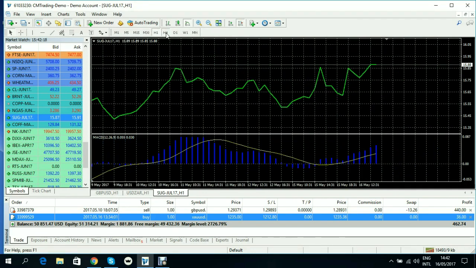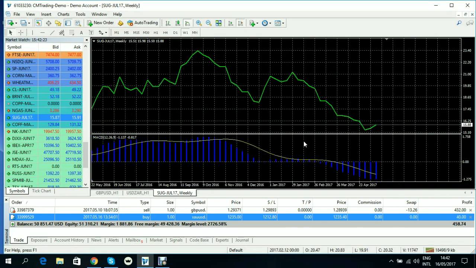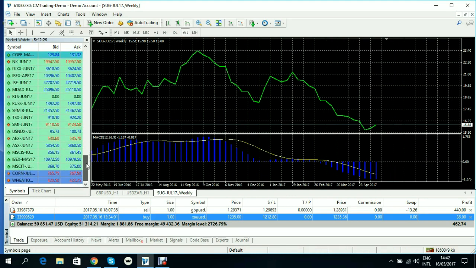So we can confidently use MACD if we understand just these two conditions: that the bars must cross so that they are below the zero zone, and the signal, the moving average signal, which is the simple moving average, must also cross the zero zone so that they are all below.